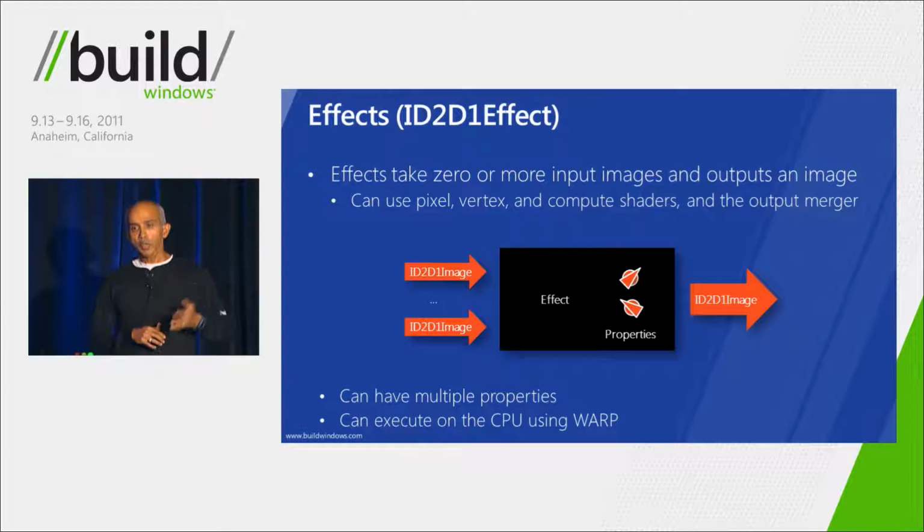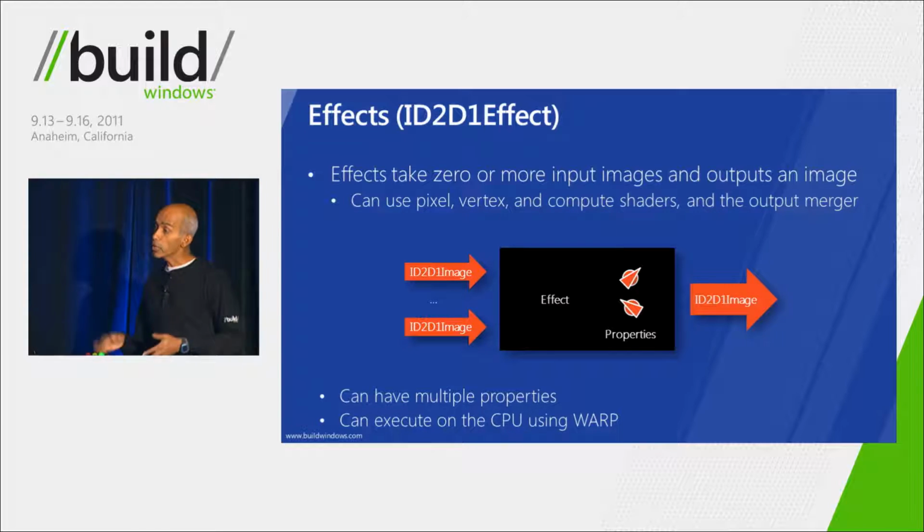While an effect always produces a single output, it can optionally take any number of inputs, such as the output of an effect, as I mentioned, or it can be a concrete bitmap like a WIC bitmap, or a bitmap that was created from Direct2D. An effect can have any number of properties associated with it that adjust how the effect behaves.